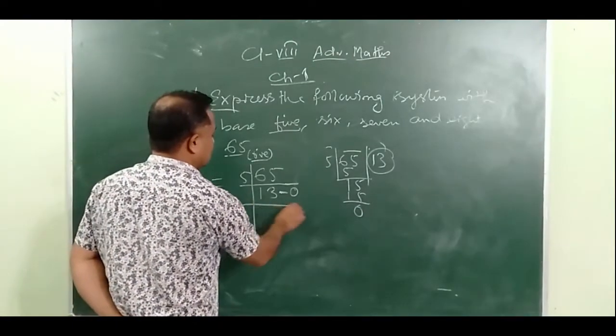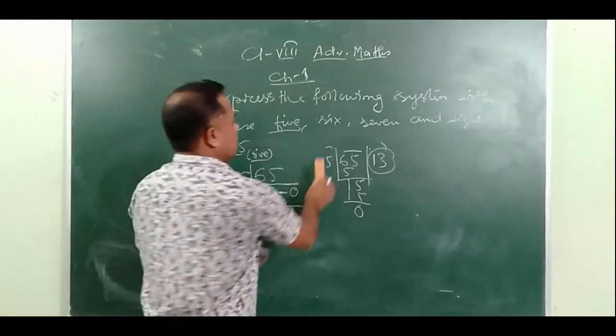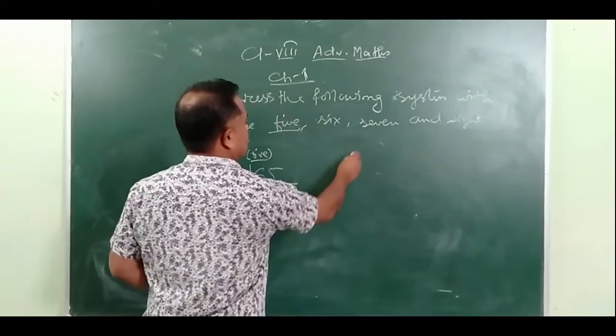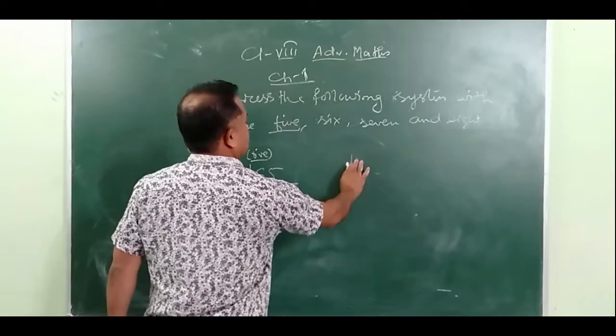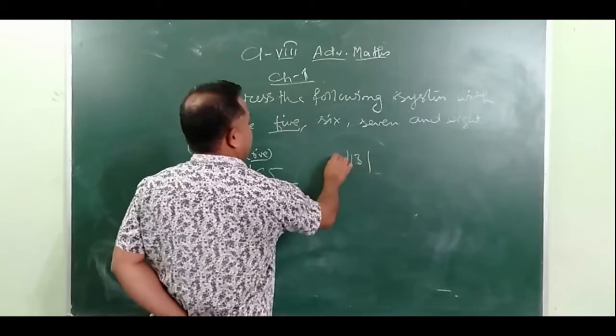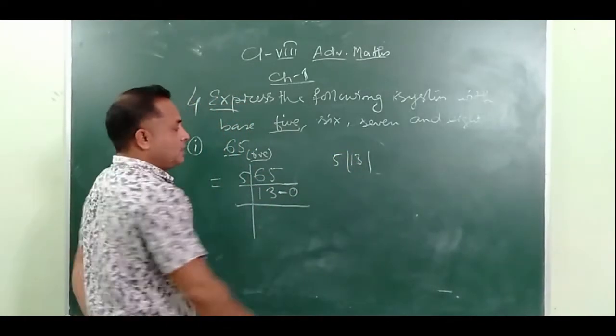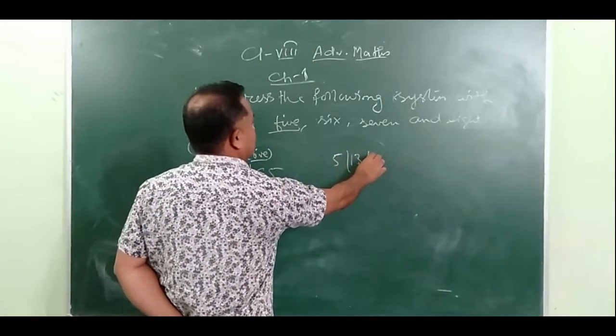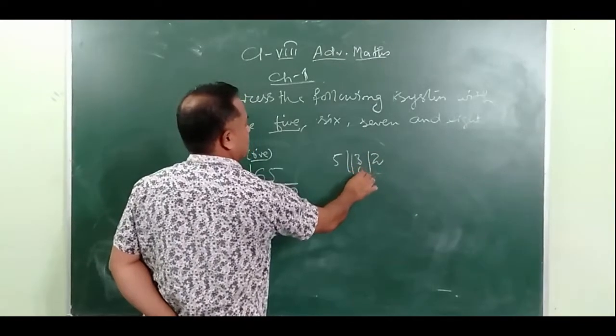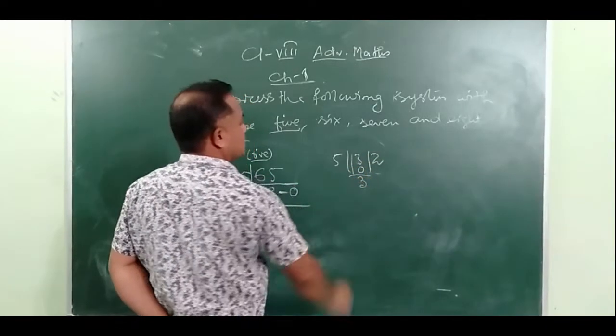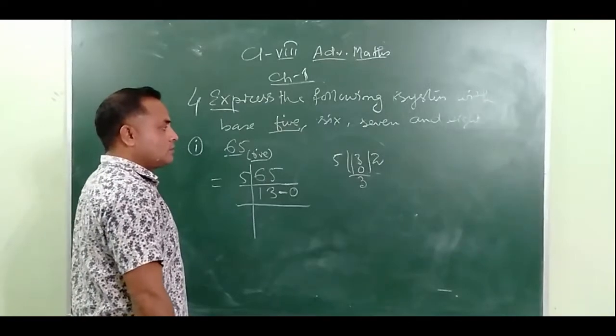Again, this 13 I will divide with 5. How many times does it go? 5 1s are 5, 5 2s are 10, and the remainder is 3.